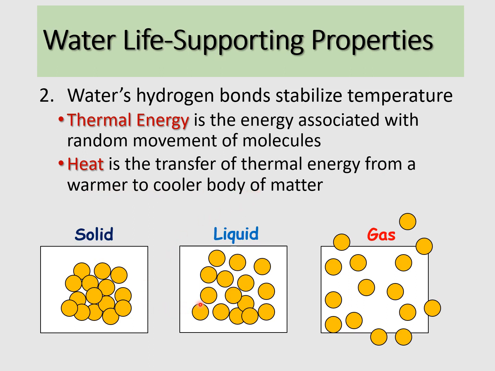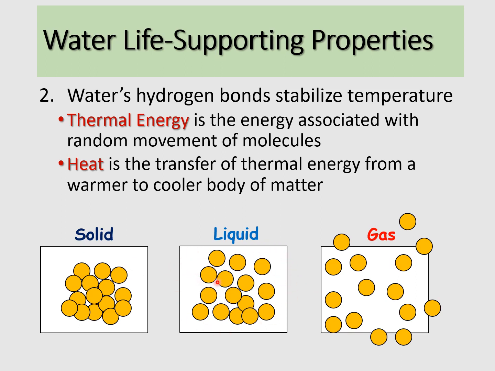Then as we add heat, because heat is the transfer of thermal energy from a warmer to a cooler body of matter, we're going to increase the movement of those molecules. That's how solids transfer heat, and then they become a liquid, and then they become a gas because there's increased movement of those molecules, okay?